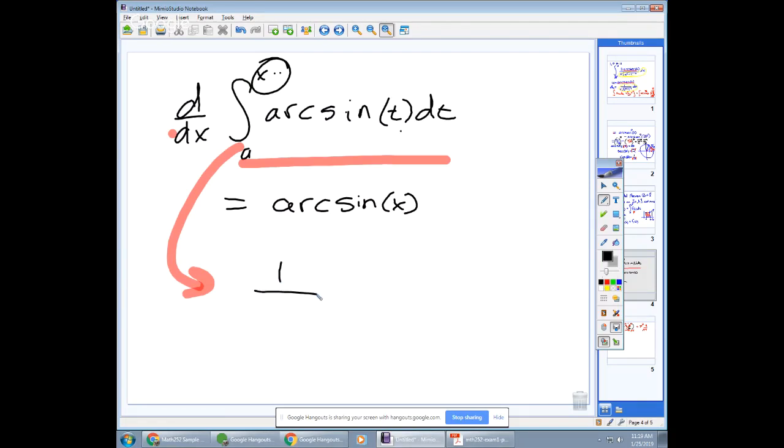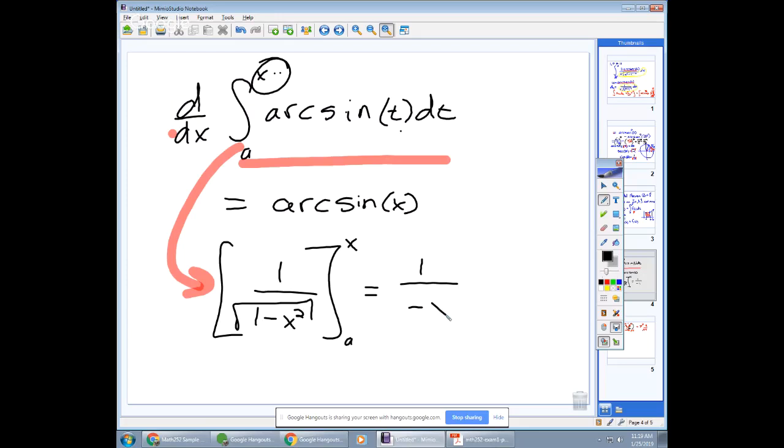Then it says, now evaluate that at the endpoints, which is going to give me 1 over the square root of 1 minus x squared, minus 1 over 1 minus a squared over there.